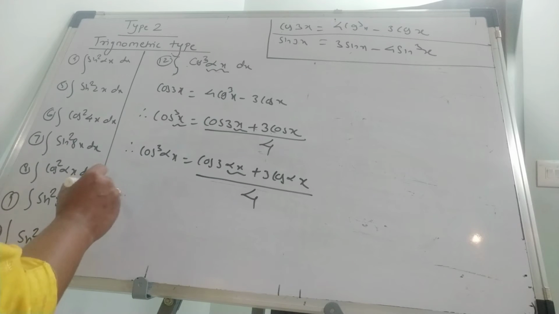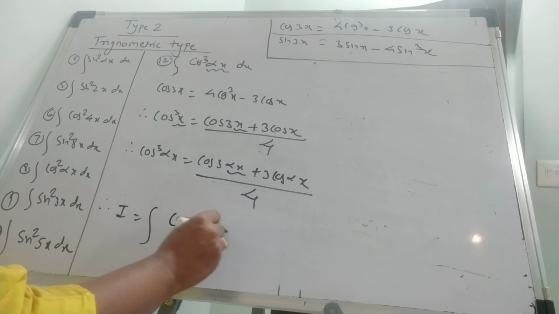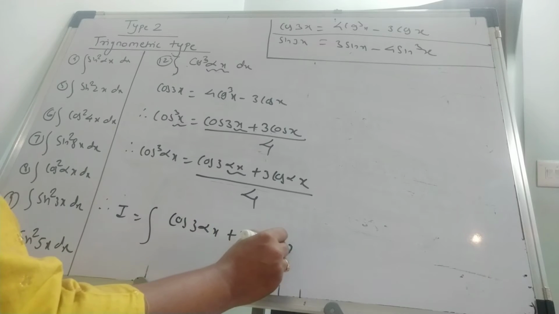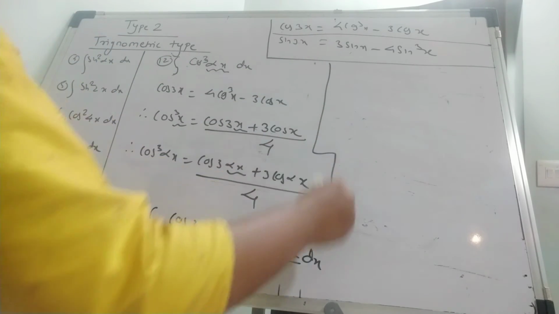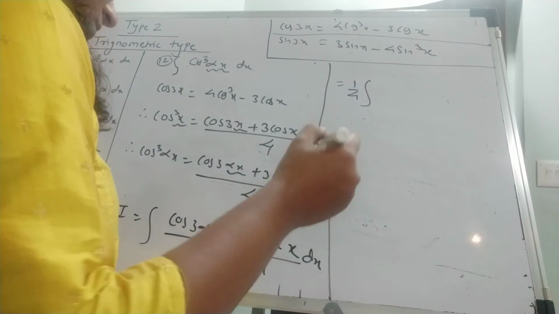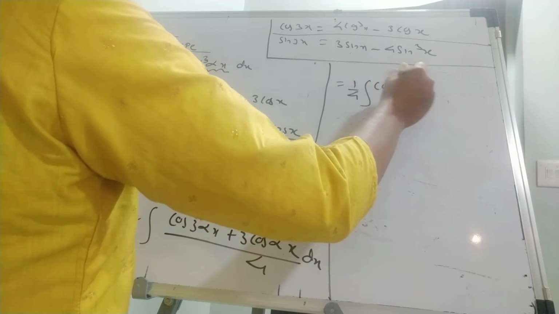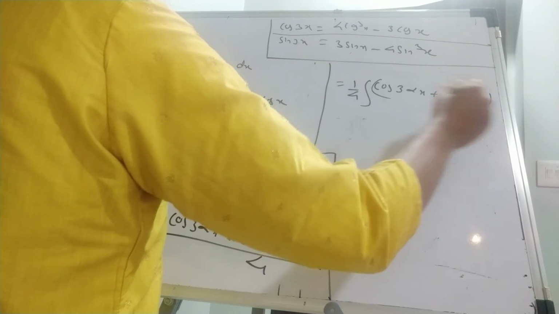And now we'll find out integration value for this. Okay. Now in this case, 1 by 4 constant outside integration. Inside it is cos of 3 alpha x plus 3 cos of alpha x dx.